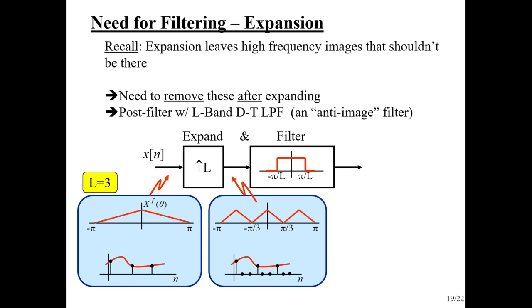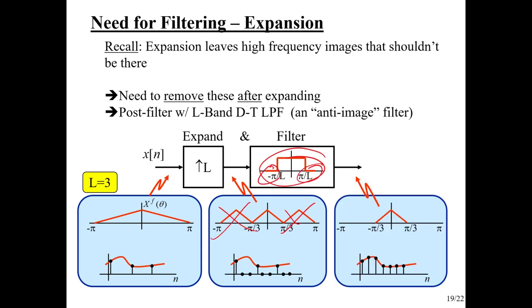But now the filter gets rid of those because it's zero out in those regions. And so now we have this is zero here, this is zero here, and now it repeats 2 pi periodic to show the correct spectral replicas with no images. And what that does is it converts these zeros into the correct values, and it converts these 2 zeros into the correct values, and these 2 zeros, well, I didn't show those over here, and it leaves the original samples right where they should be.